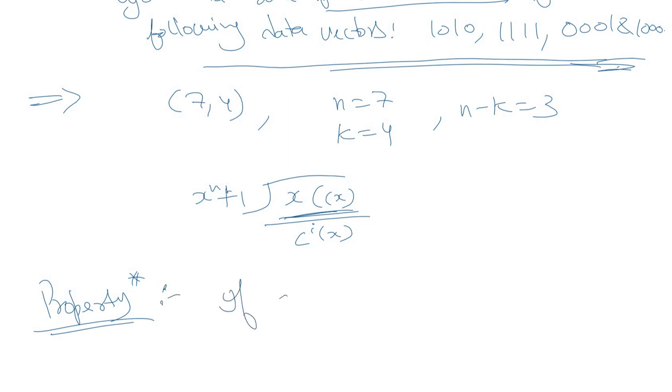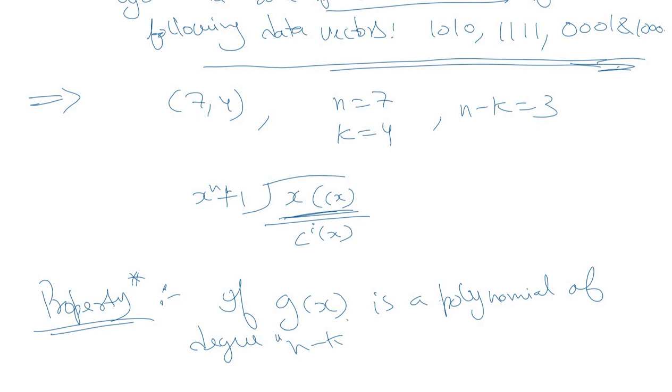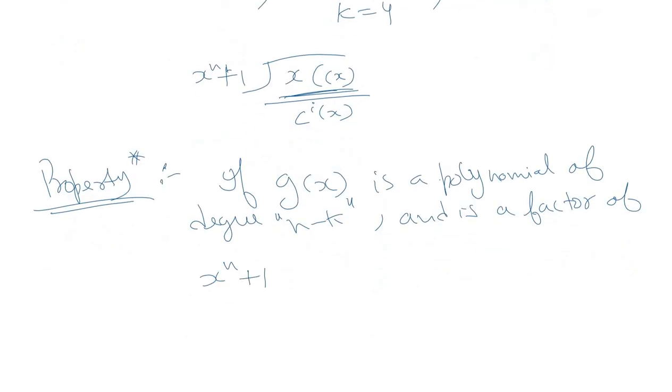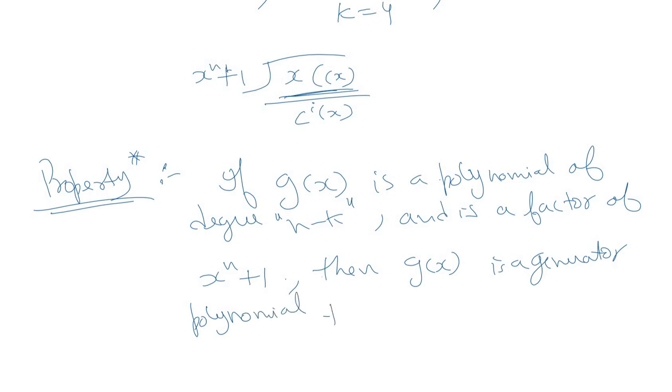It says that if g of x, which is a generator polynomial, is a polynomial of degree n minus k and is a factor of x raised to power n plus 1, then g of x is a generator polynomial that generates (n,k) cyclic codes, and vice versa will also be true.